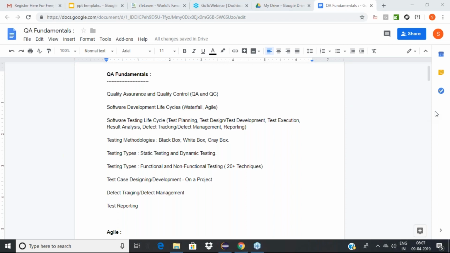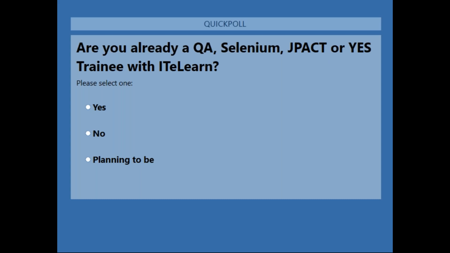Just one more question before I proceed, basically to understand, with respect to the IT Learn membership, do you already have a QA Selenium member or JPACT member, or maybe any other course that you have joined with IT Learn? Just a quick yes, no, or planning to be will help.